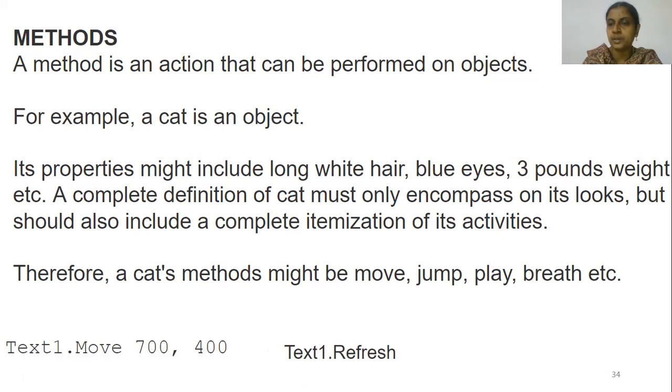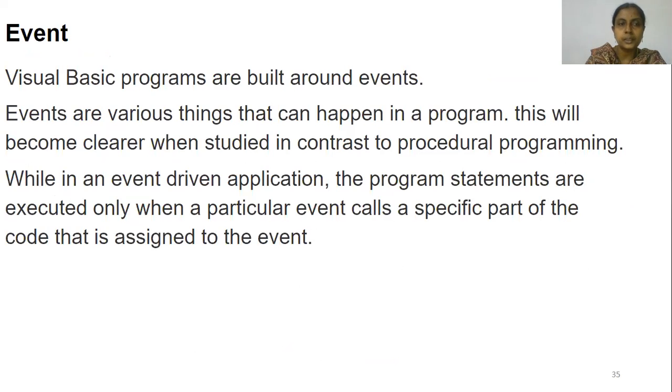That's how we give methods in Visual Basic. Properties we set through the property window. For methods, you have to use the control name, a dot, plus the method name. In the VB coding, I will show you how we set it.